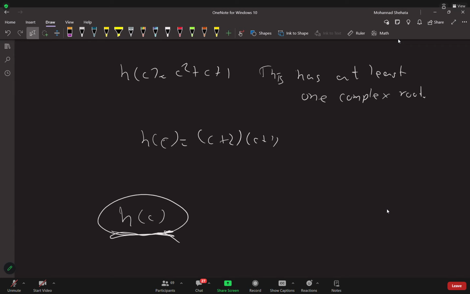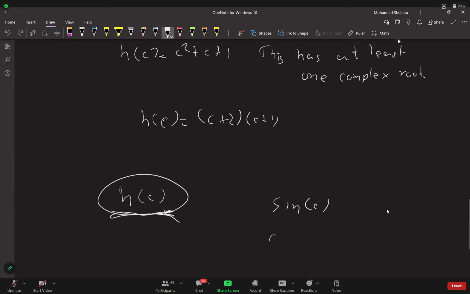If h was trigonometric, would it still be finite? No, actually, not necessarily, because it periodically visits 0. So if you replace this with, say, something like sine of c, yes, exactly. And you need not have countable roots either.